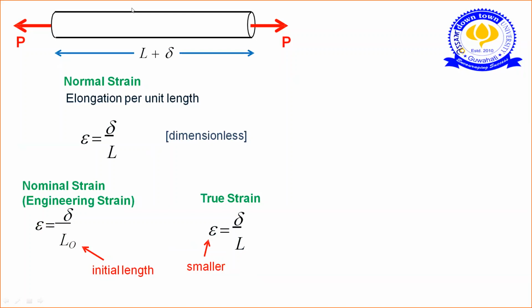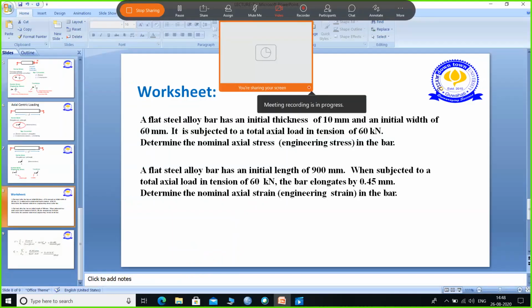Do the strain part. Dimensions are given to you. A flat steel alloy bar has an initial length of 900 mm and is subjected to, okay. Oh, my screen is not visible again.